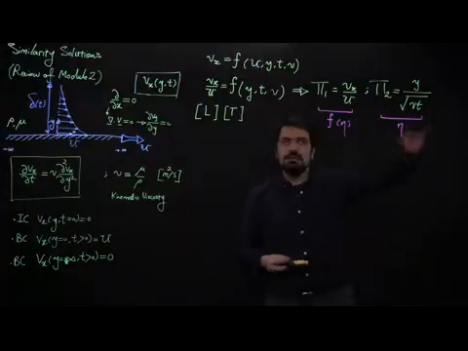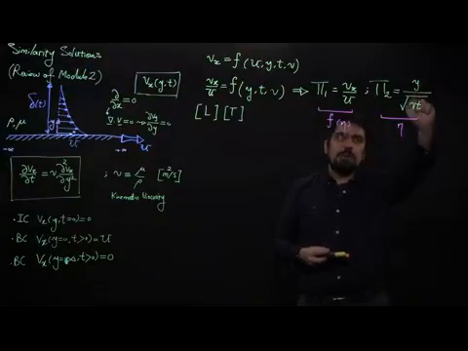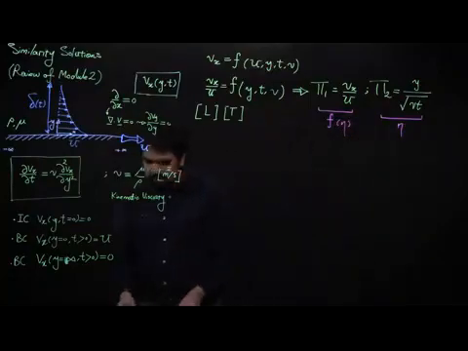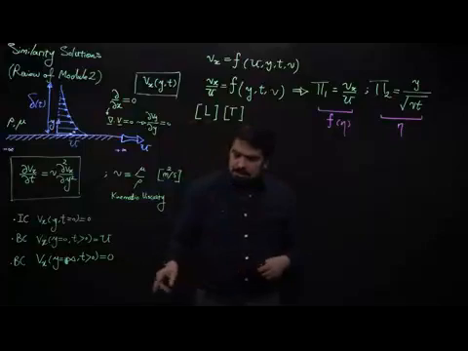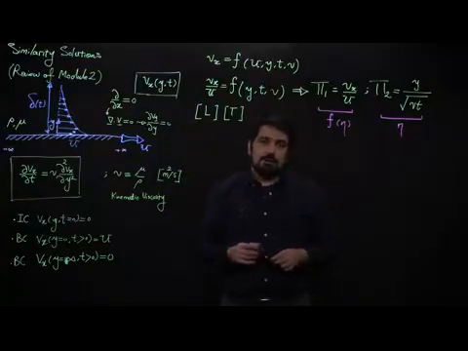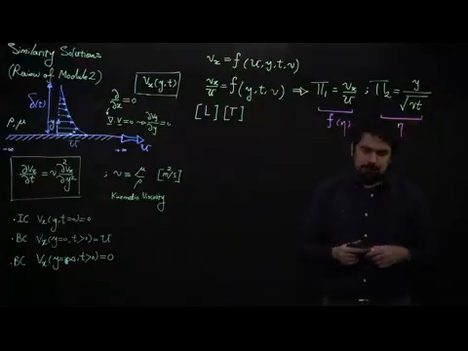That can be done mathematically by defining this similarity parameter, which takes the y and divides it over this combination, which is the square root of nu t. Which, in other words, implicitly is suggesting to us that y over the square root of nu t, or eta, is suggesting that delta probably should scale as the square root of nu t.